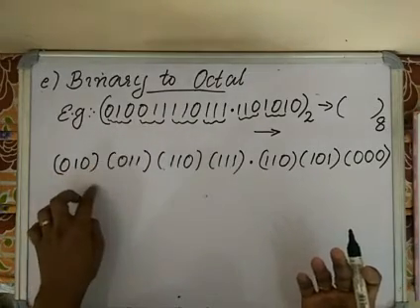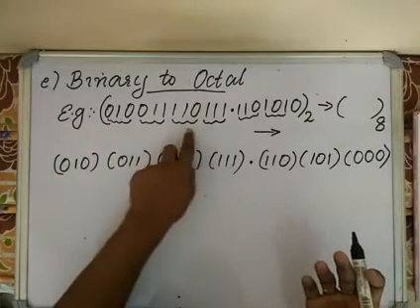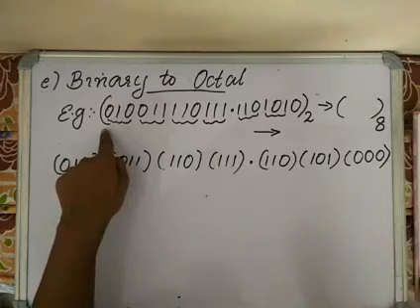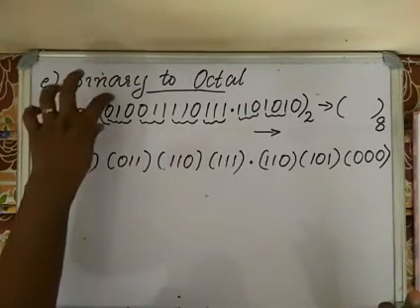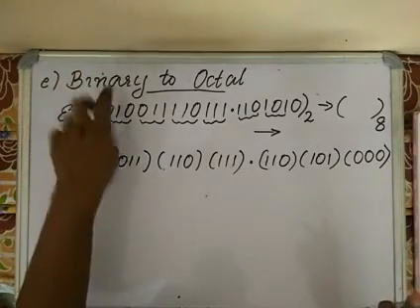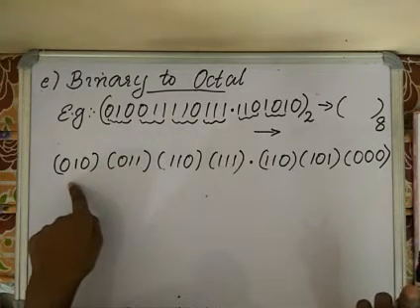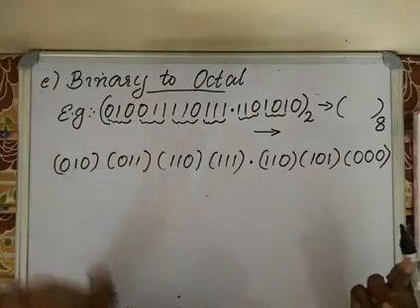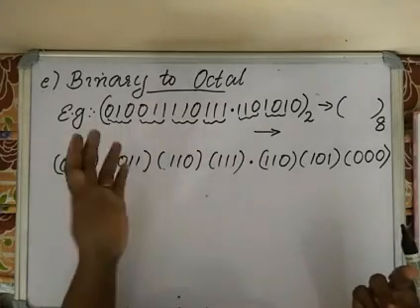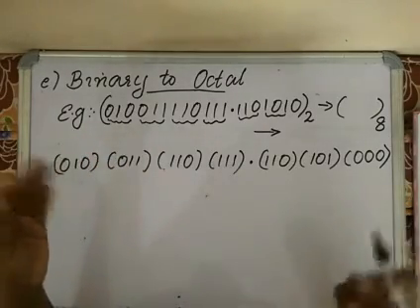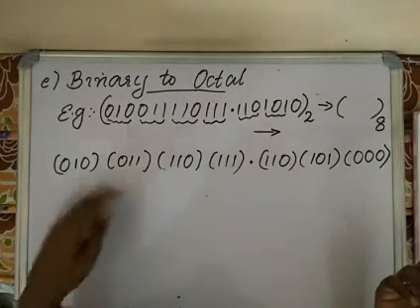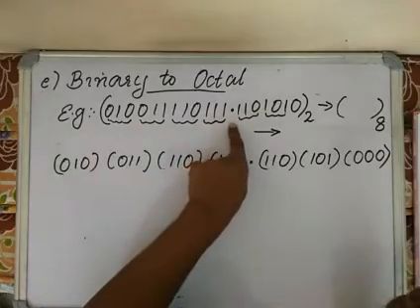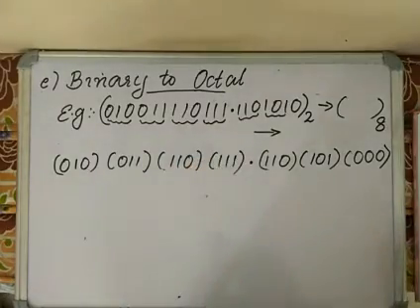In this case it will be correct because the total number of bits in the integer part is 12, and we are grouping it in groups of 3. If the number of digits is not a multiple of 3, we may not get the correct result if we start from the left end. So you have to start from the decimal point.